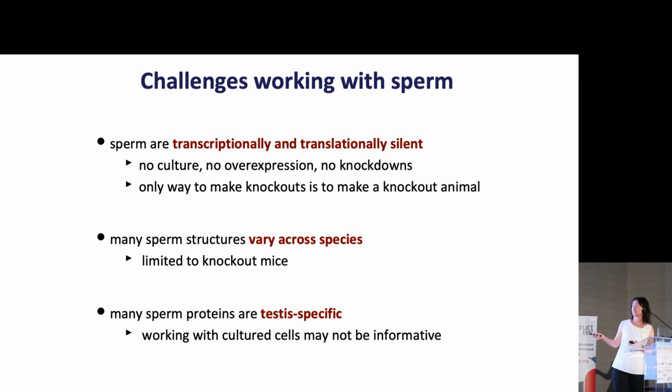And I already mentioned that there are very big differences between different species, and even if we go for transgenic animals, then the only ones available are really mouse, maybe rat. And to add to the complexity, many of the proteins are really specific ones. So even if you do it in a cell culture, it's not necessarily going to be relevant. So, many problems. So we had to be smart about trying to identify some of these proteins.